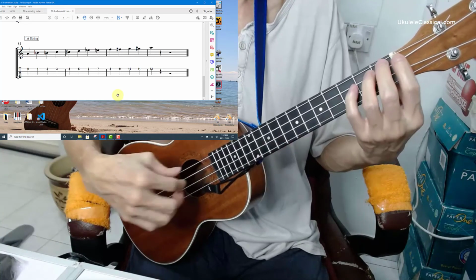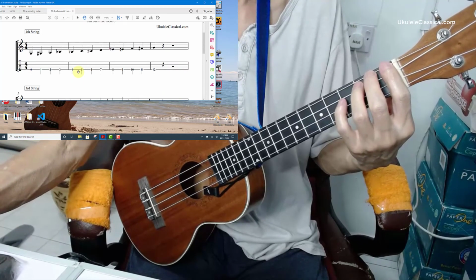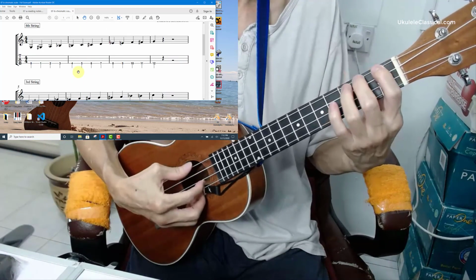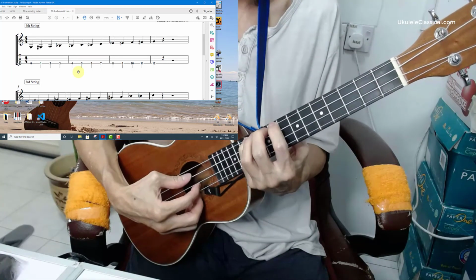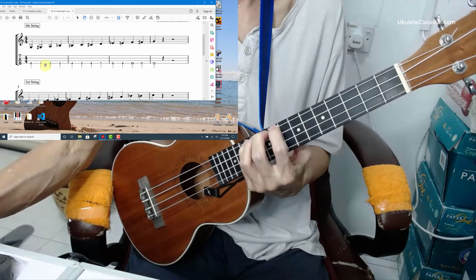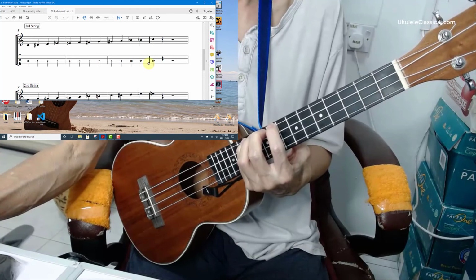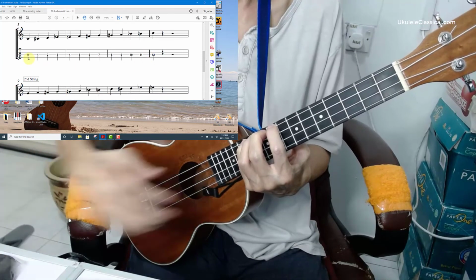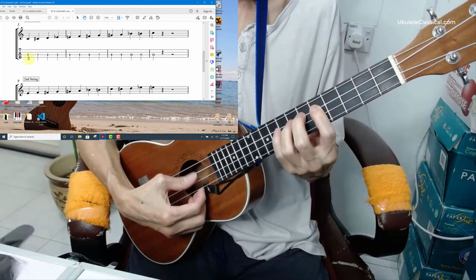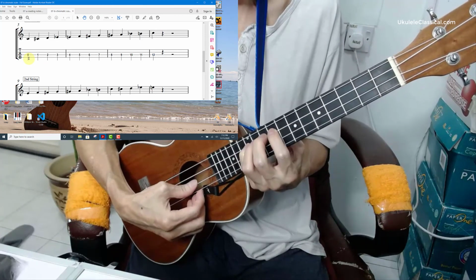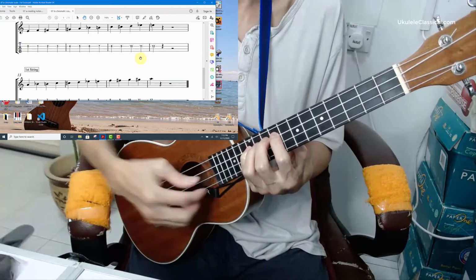Right? So if you were to play all of these, 4th string, following this notation, 0 all the way to 12. And then 3rd string, from here 0, and then second string from 0 to 12.